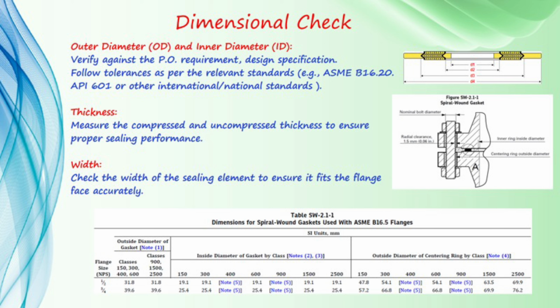I have shown the image where internal diameter is symbolized as D1 and outer diameter is symbolized as D4. So based on the flange size, gasket, and pressure class, he has to refer to those dimensions and verify with respect to the actual dimensions observed, and then he has to accept the gasket.